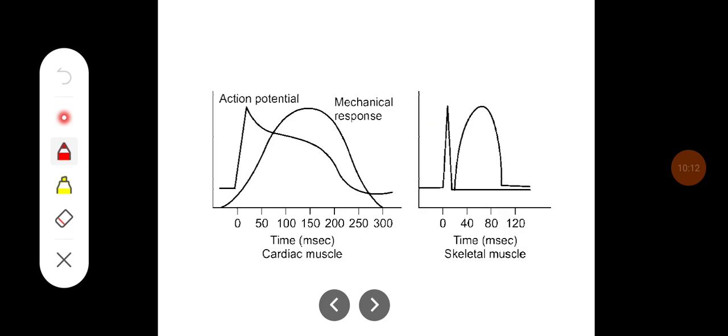This diagram shows the difference between the action potential and mechanical response in a cardiac muscle, where they almost overlap each other, whereas in skeletal muscle the action potential occurs quite early compared to the mechanical activity, which happens later.